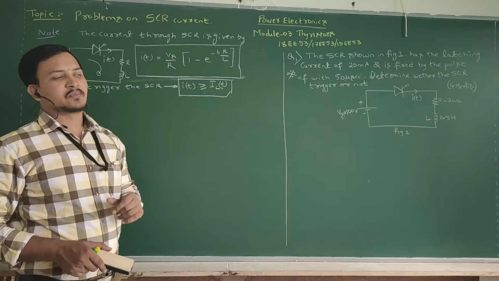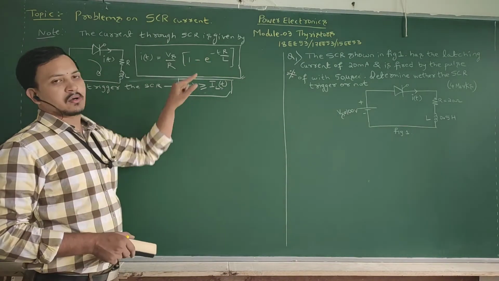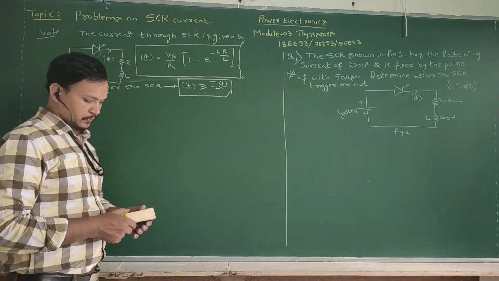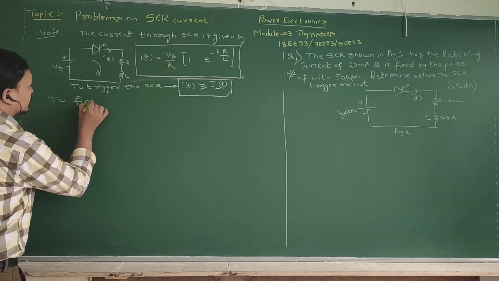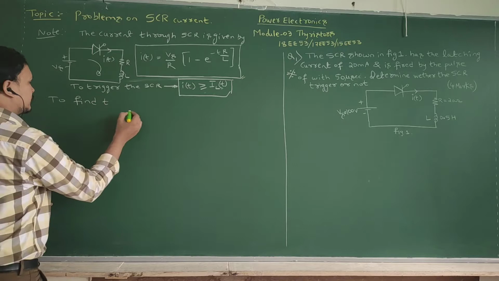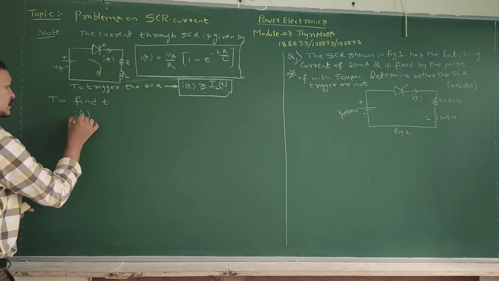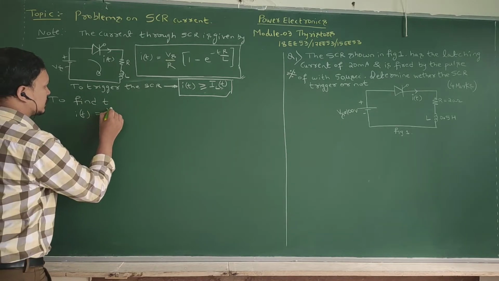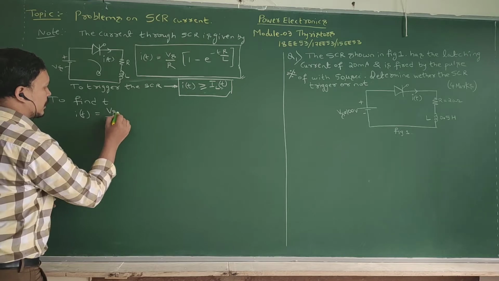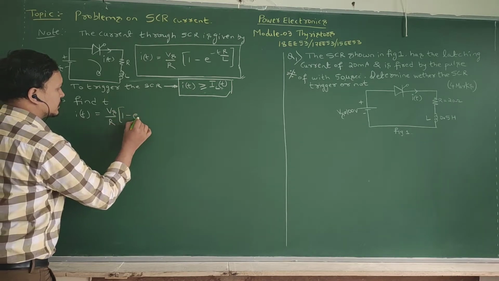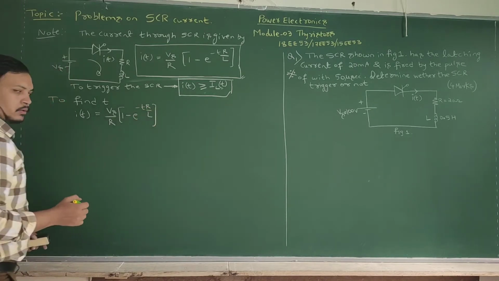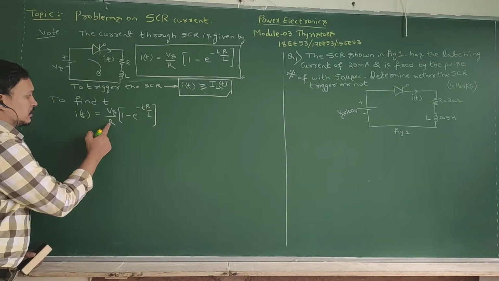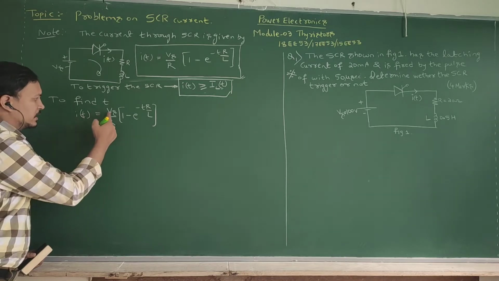So in order to overcome that, I am going to write the equation for t from this current equation. To find t, from this current equation, I of t is equal to Vs by R within the bracket 1 minus e to the power of minus t R by L. Now cross multiply this, R you multiply this side and Vs will come down.